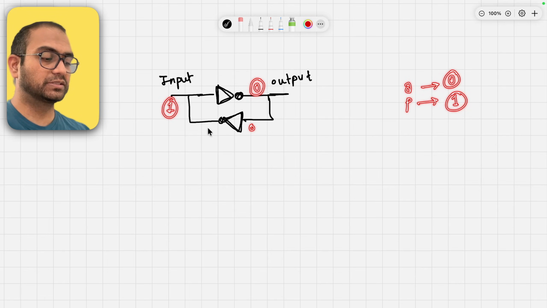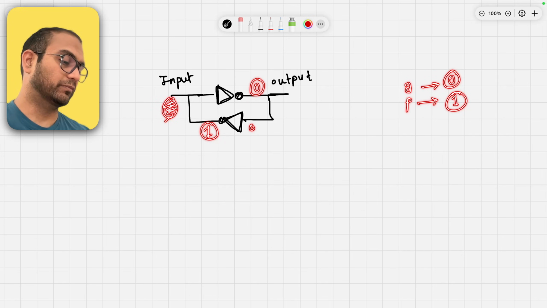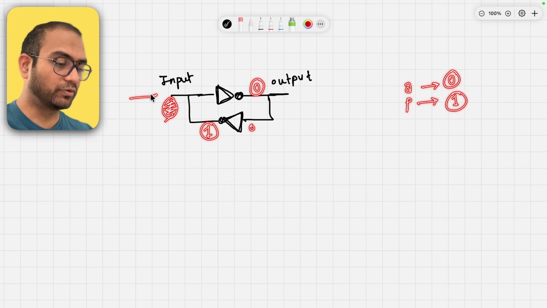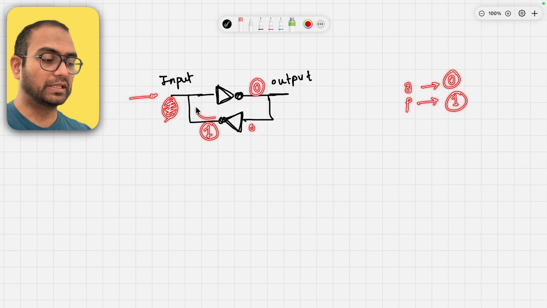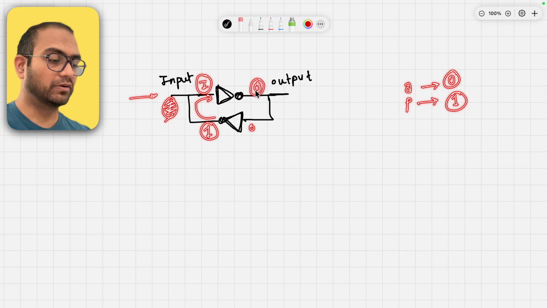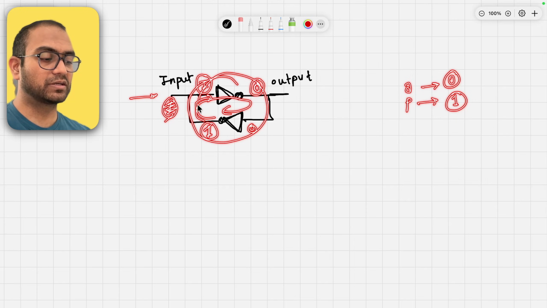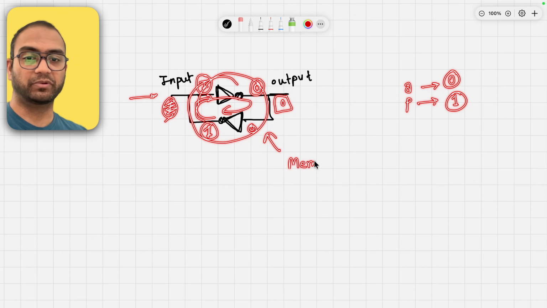And if this is 0, this will be 1. Now if you disconnected the input, this circuit is going to feed the 1 back into itself, which will come back as 0, and then the 0 comes here as 1. So this feedback loop, this circuit somehow remembers that the output has to be 0, and you can say that this circuit has memory.